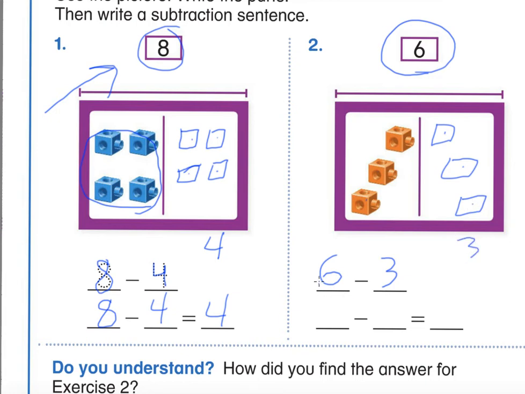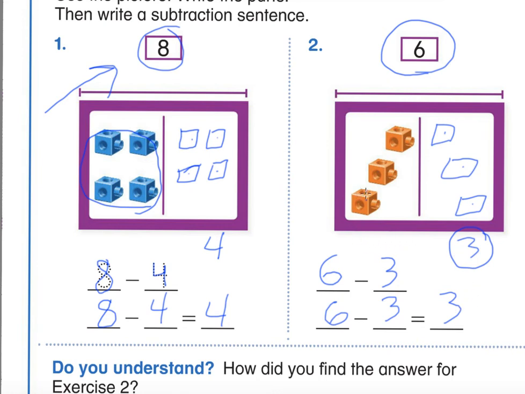Let's write that down so we don't forget. And now that we have the beginning part of our number sentence all figured out, we can rewrite that. So 6 minus 3 equals the number we just found, which is 3.